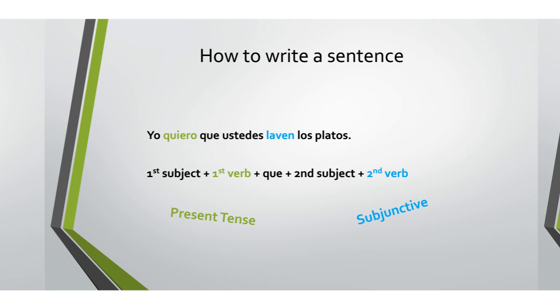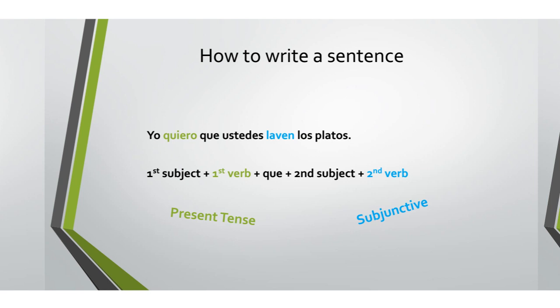All right, so let's break a sentence down and we'll be able to maybe see the different parts a little bit better. So I've got a sentence, yo quiero que ustedes laven los platos. Yo quiero que ustedes laven los platos. I want you all to wash the plates.